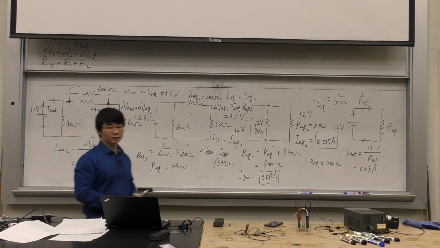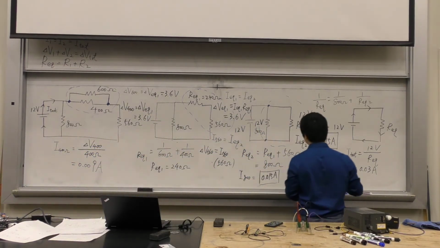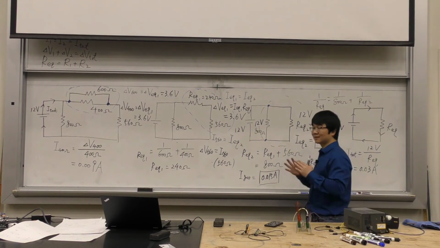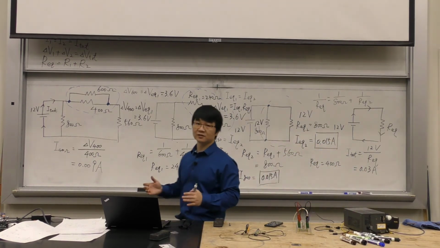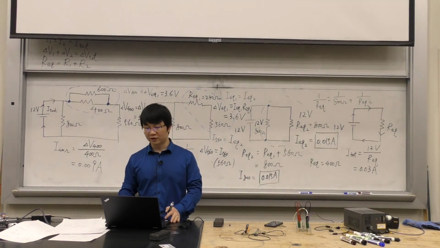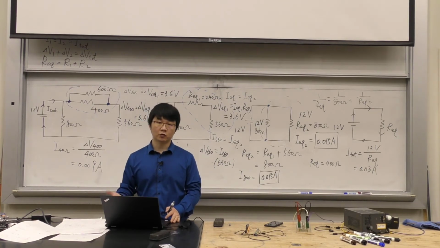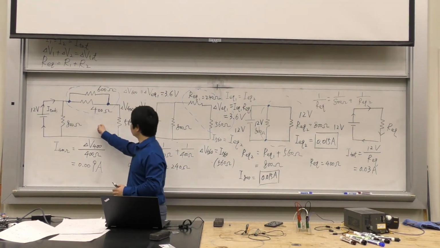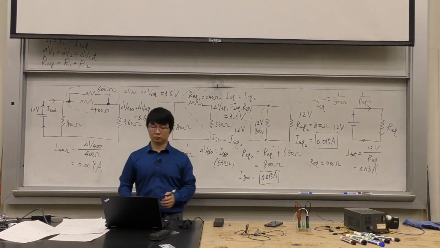So that's how we always draw these diagrams. You draw these diagrams, everything is clear. You're not going to make any mistake, okay? You can always find the total equivalent resistance of this diagram. You can also find anything you need on this original diagram, okay?